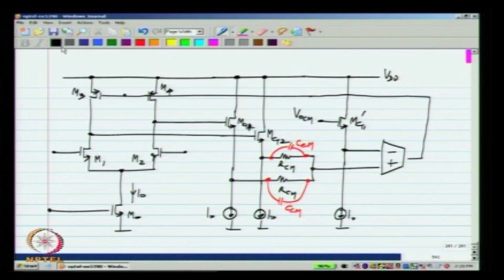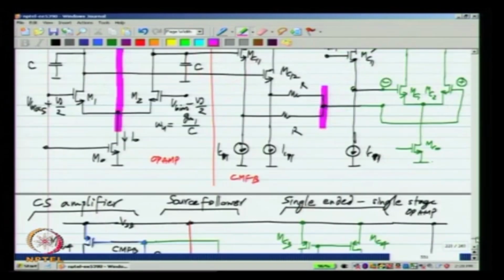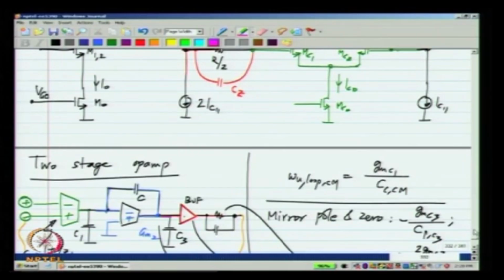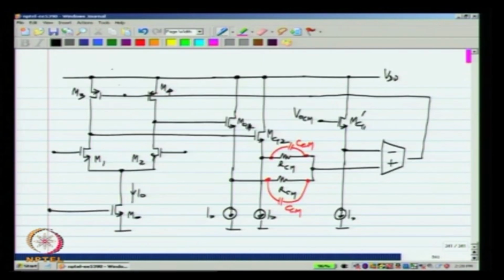We also have to have Miller integrating capacitors. In the common mode half circuit, it appears between the gate of M34 and the drain. So, in the fully differential circuit, it will appear between the gate of M3 and M4 and each of the drains.